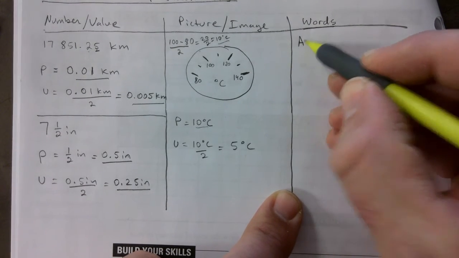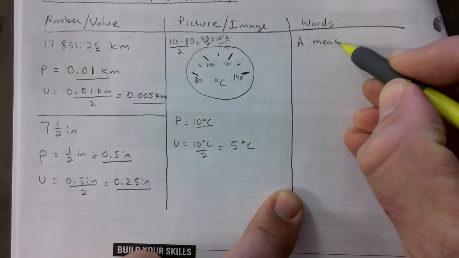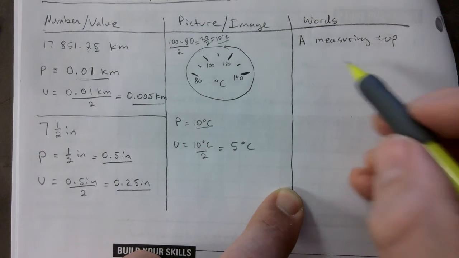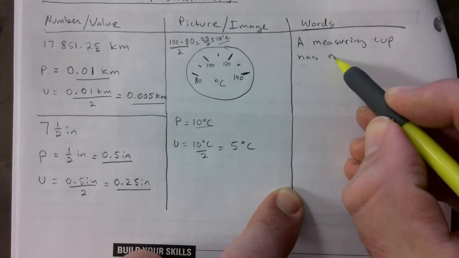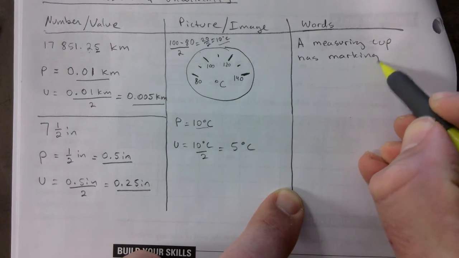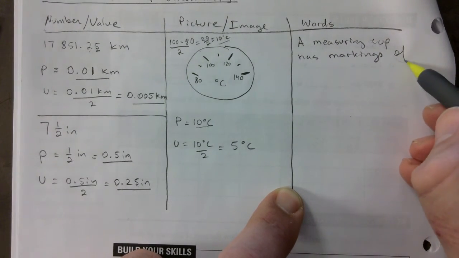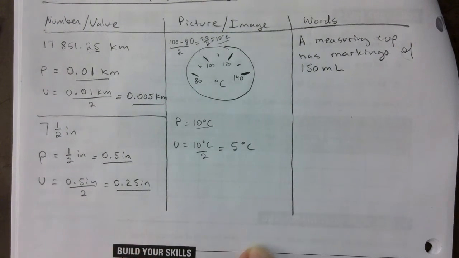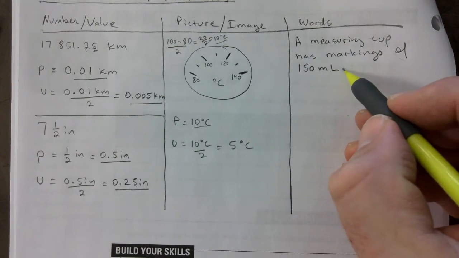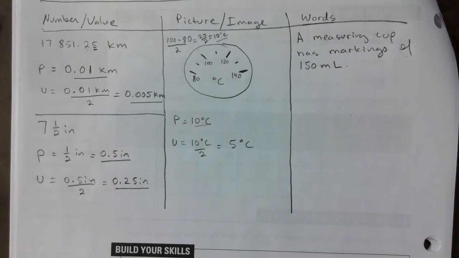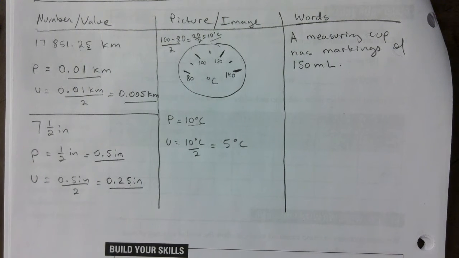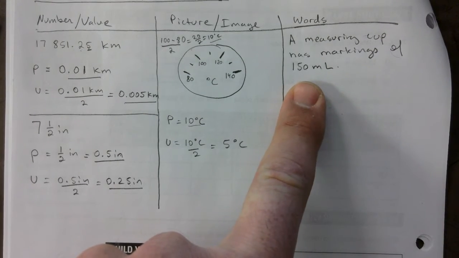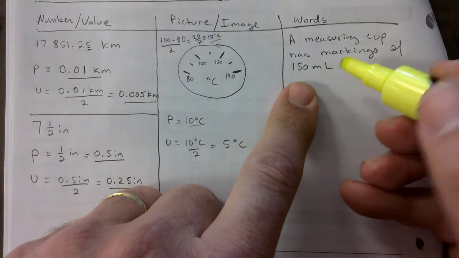Words. A measuring cup has markings of 150 milliliters. And what I want you to do, whenever you see markings, it trumps everything else.